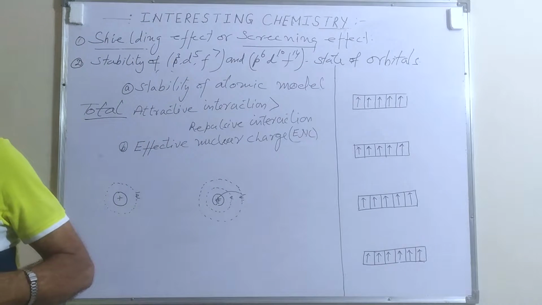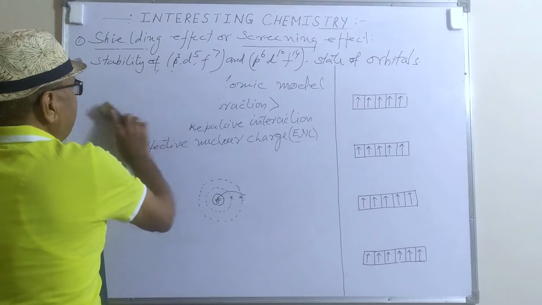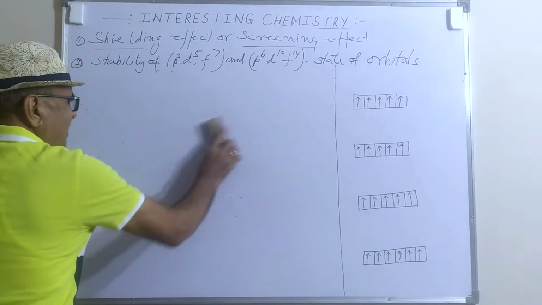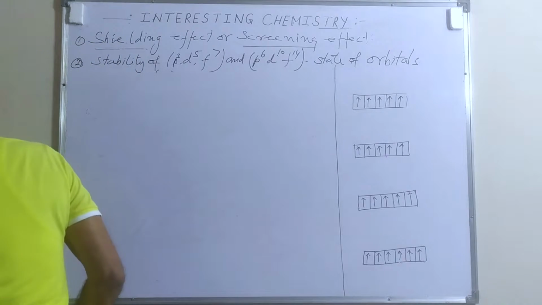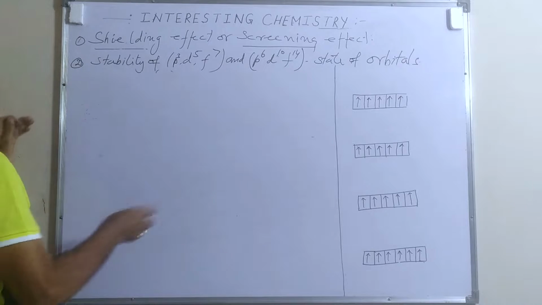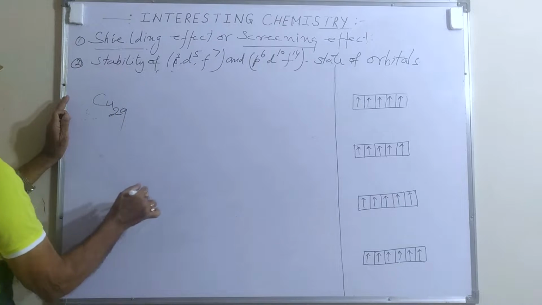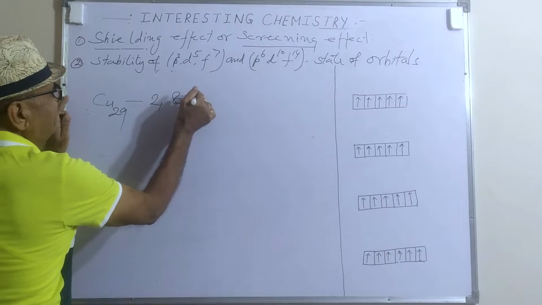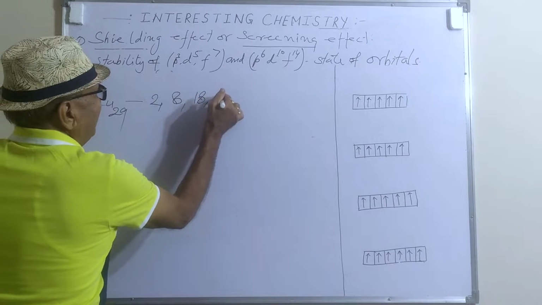So it is the orbital stability. Generally, I have explained in the electronic configuration in my previous video, copper has the atomic number 29. So we will write 2, 8, 18 and 1.